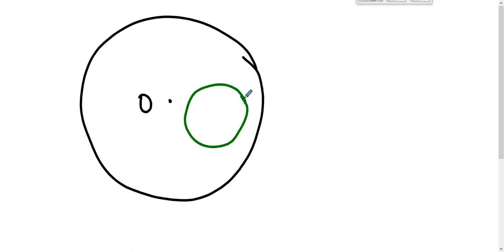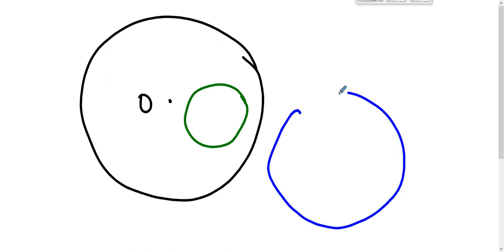And circles that don't contain point O remain circles that don't contain O. The images here, so you get a circle that doesn't contain O. Here's the rough idea.